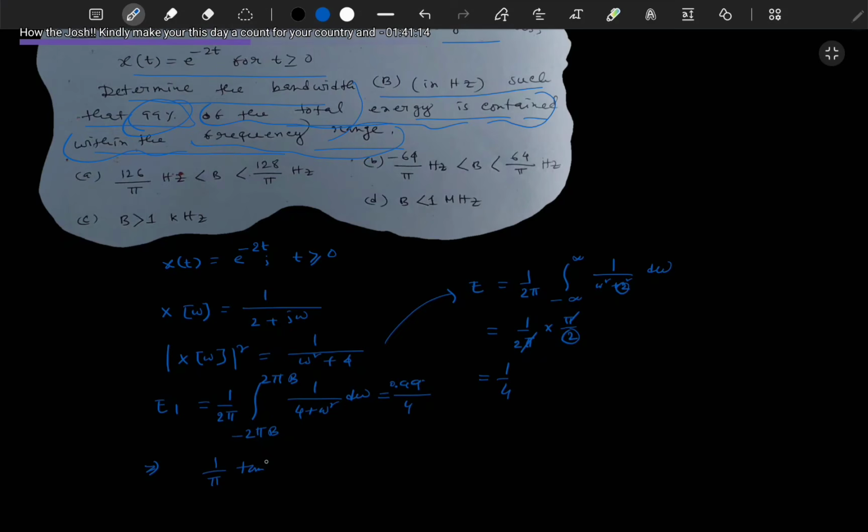Here if we solve, this is again a formula, tan inverse omega by 2.